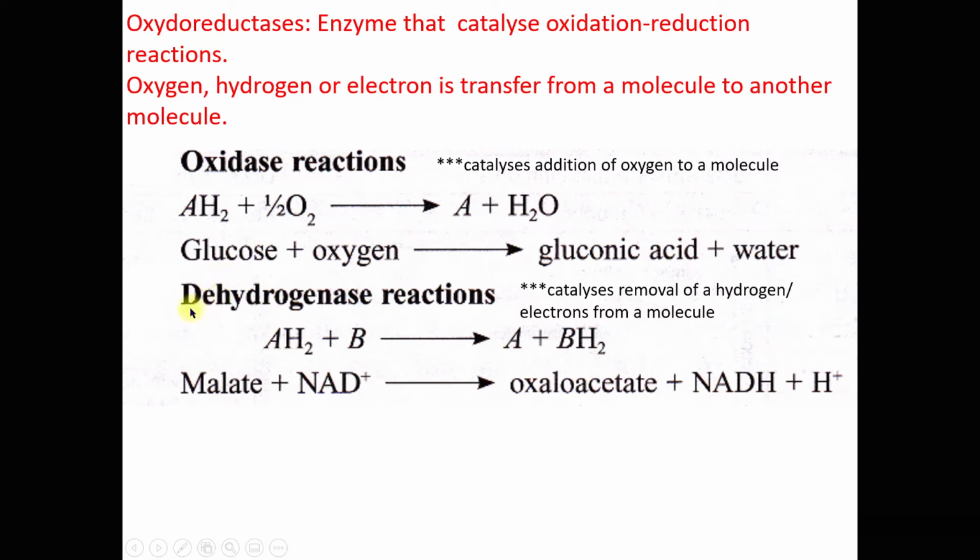So whenever you come across the dehydrogenase reaction, it means that reaction involves the removal of hydrogen or removal of electrons, right? And usually the enzymes here are known as dehydrogenase. So one example here is malate dehydrogenase catalyzes the formation of oxaloacetate, NADH, and hydrogen ions from malate and NAD.